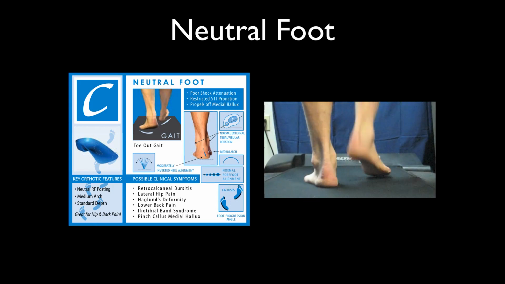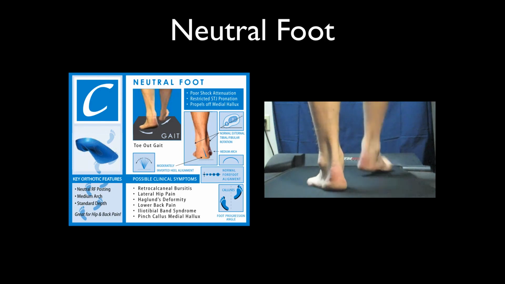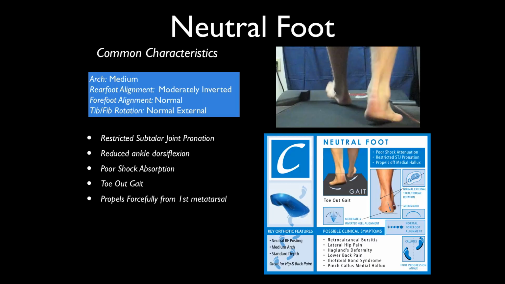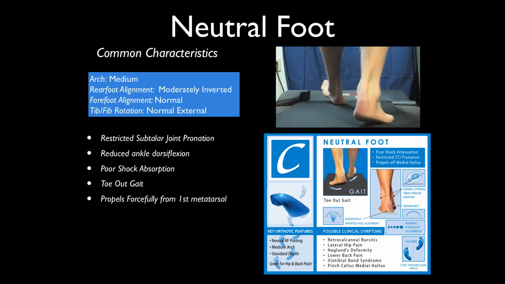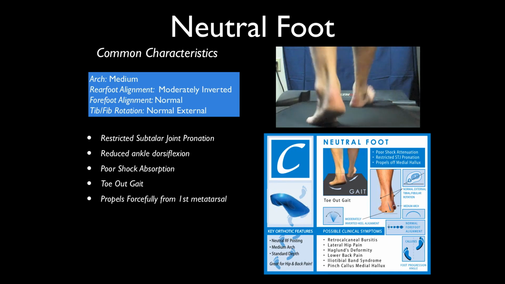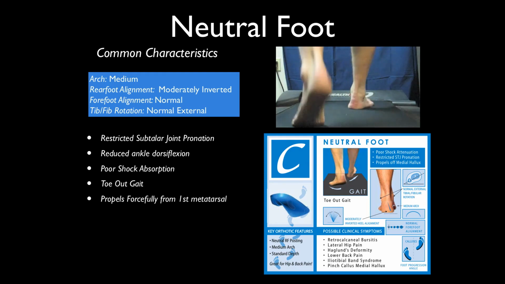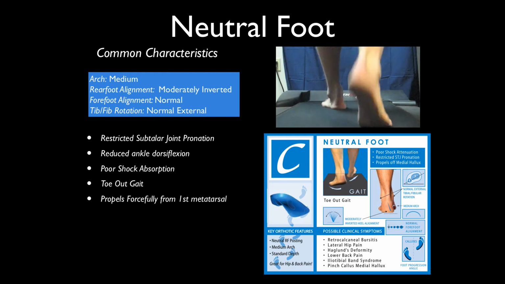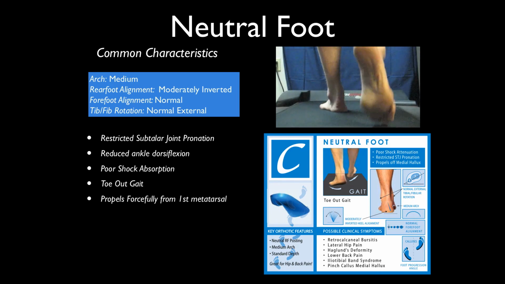This gait is often characterized by a toe-out foot strike and propulsion from the first metatarsal head. If this foot type becomes problematic, common symptoms present with hip or low back pain, iliotibial pain, and a pinch callus at the medial first metatarsal head.